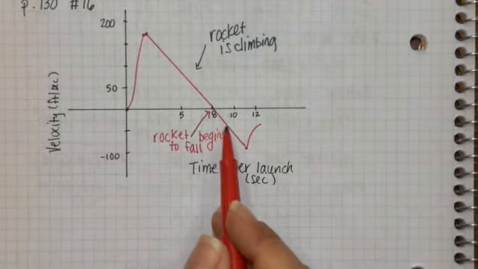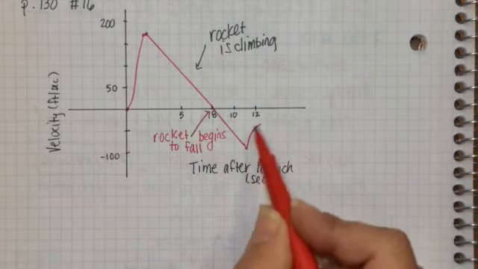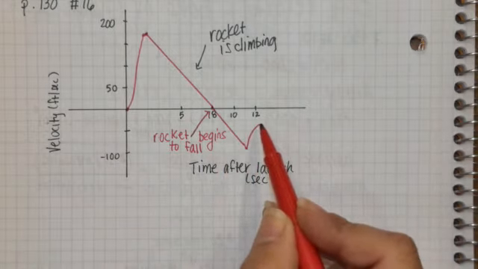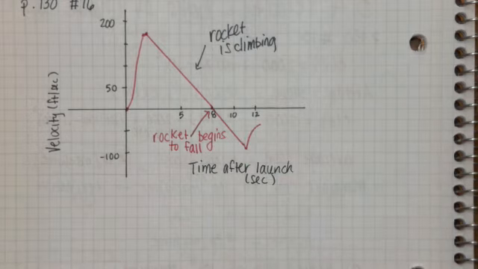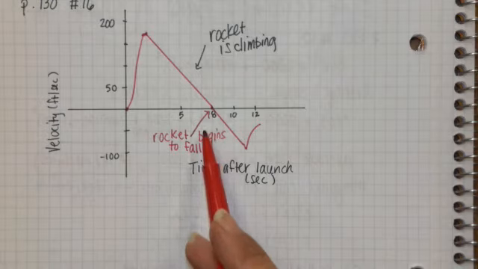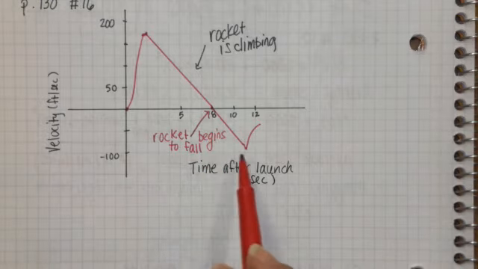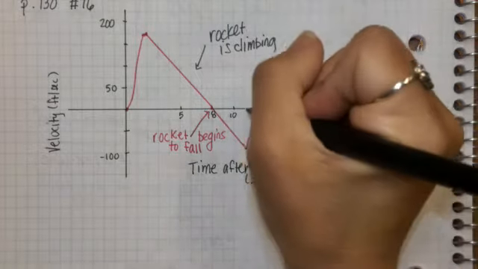It's falling at a fast rate. And right here, it is still falling. It's just not falling at as great of a velocity as it was between 8 and 11 maybe.